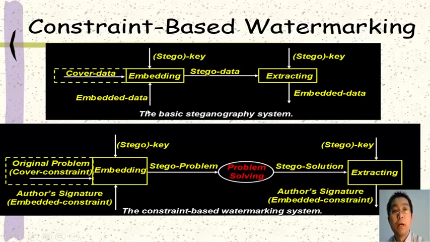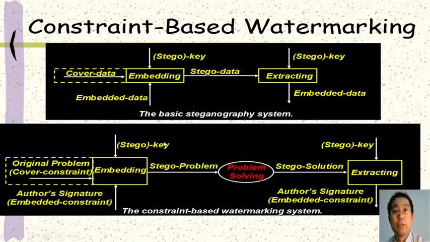To claim the authorship, the designer has to demonstrate that the stego solution carries information based on his signature. The stego solution unnecessarily satisfies a set of additional constraints. These constraints may look random. However, the designer can regenerate these constraints using his signature together with his stego key.